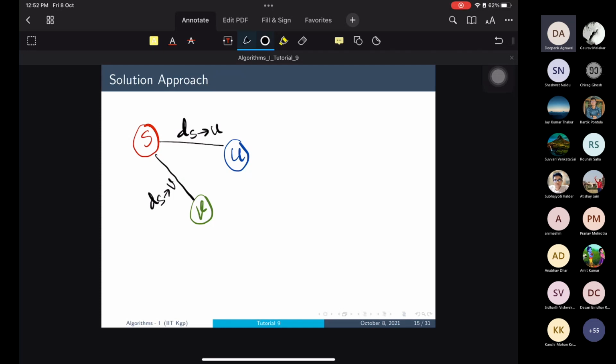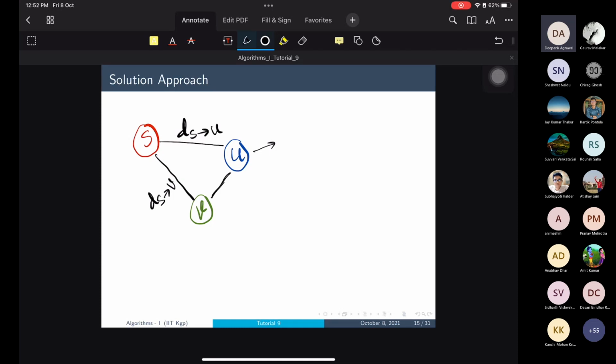Since U is a neighbor, and we have put it in the visited set, that means we already know the optimal time taken to reach U, right?